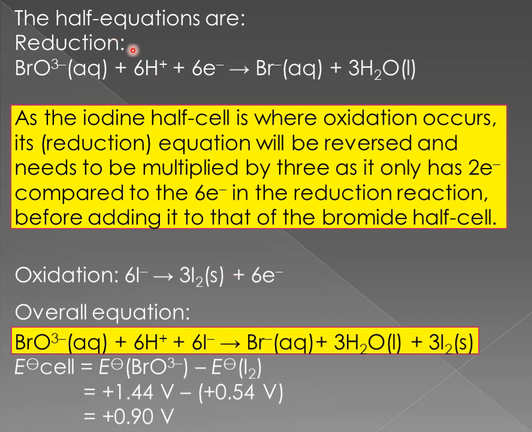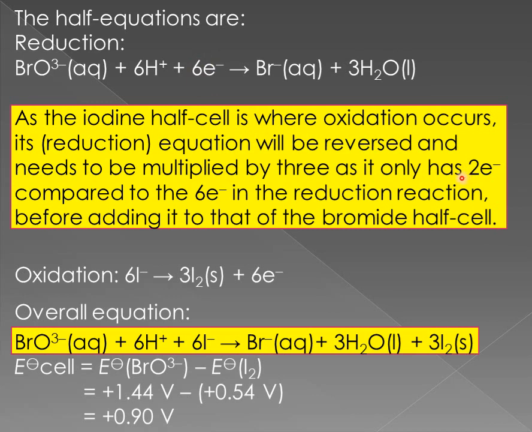So the half equation for reduction stays the same, because here there is a gain of electrons. But as the iodine half cell is where oxidation occurs, its equation must be reversed, and multiplied by 3, as it only has 2 electrons while the top half equation has 6 electrons.